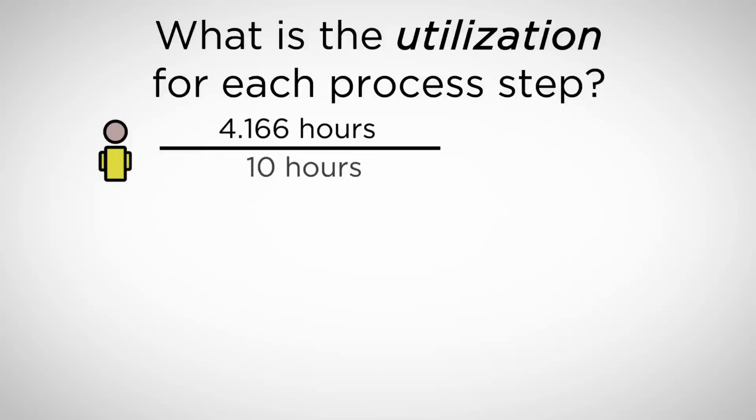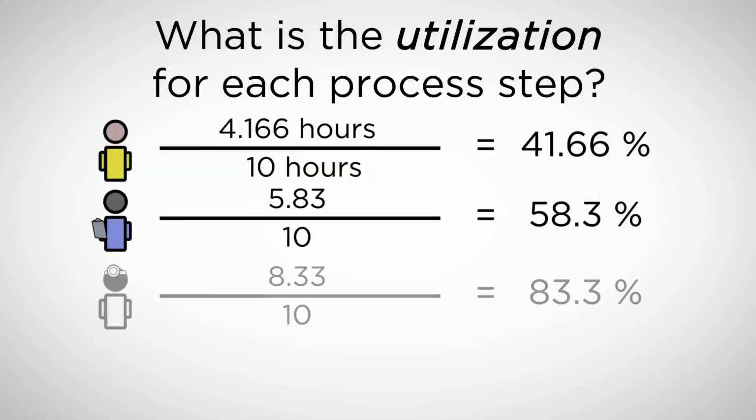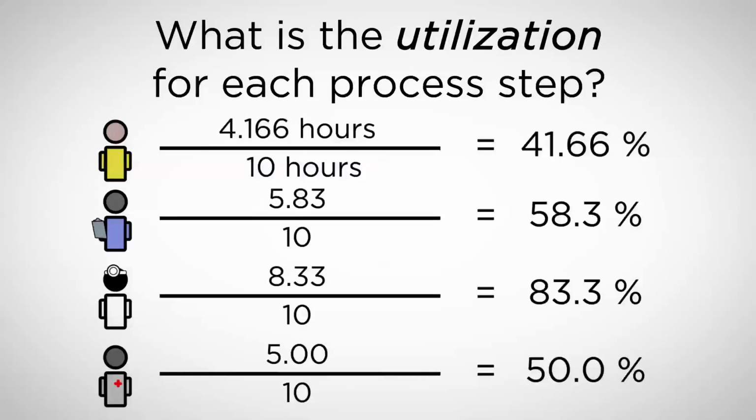Using division, we figure out that that's 41.7% of the time. The registrar is busy helping patients 41.7% of the time. The medical assistant, similarly, is busy with patients 58.3% of the time. The medical doctor is busy 83% of the time, and the registered nurse is busy 50% of the time.